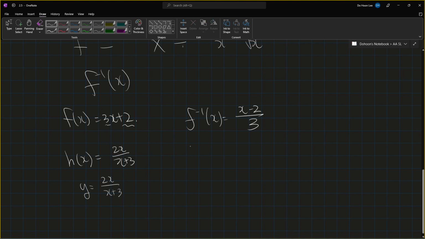And then we can switch the positions of x and y because the inverse function takes output and puts it back to the input. So we're going to switch y to x and switch x to y. Then we're going to solve for y.